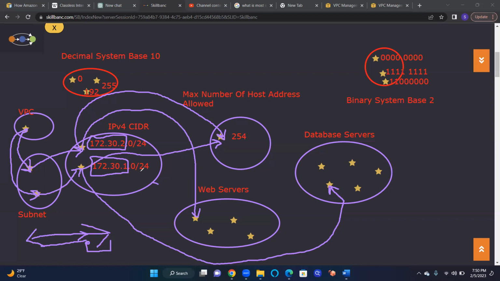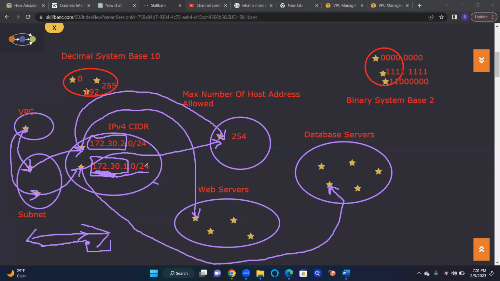So I can specify whatever number of bits, between 16 and 28. 16 means I'm going to use just two sets, 16 bits, for my network address, and the remaining 16 bits I'm going to use for my host addresses.